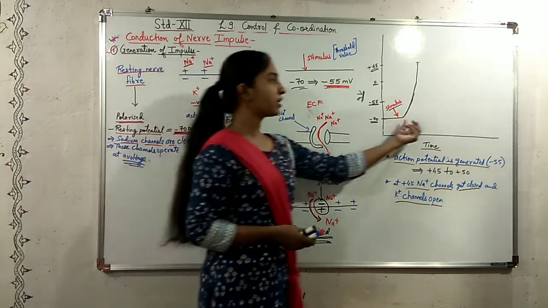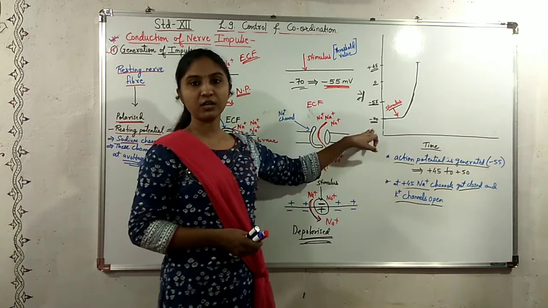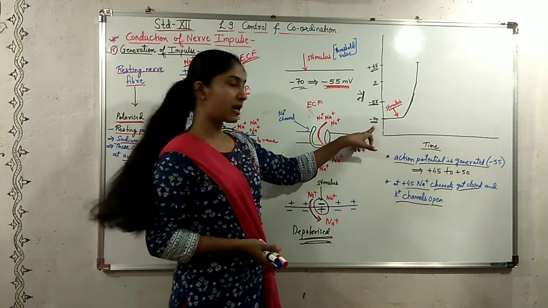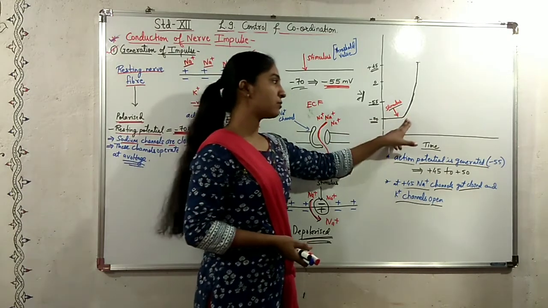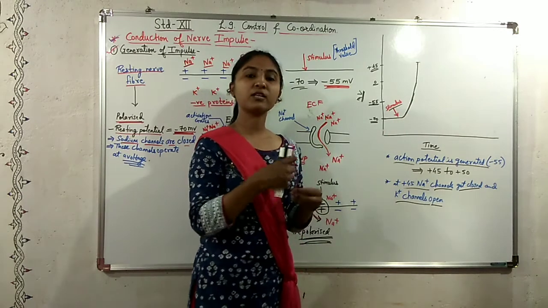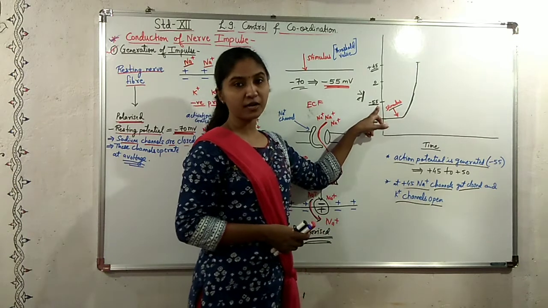And it is shown in a graphical representation. At minus 70, the nerve fiber is at its resting position, the resting potential, that is minus 70 millivolts. When the stimulus is given to the nerve fiber, the resting potential changes into action potential at minus 55 millivolts.